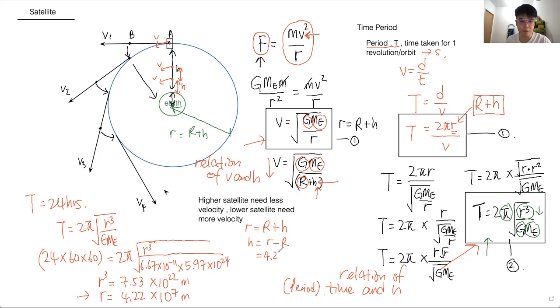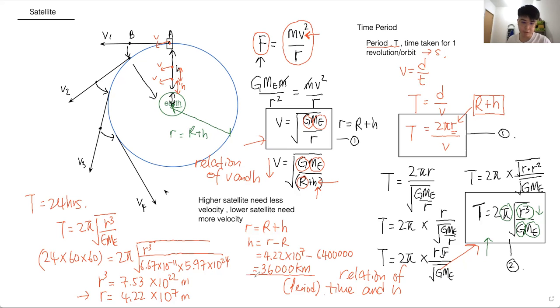So 4.22 times 10 power of 7 minus the Earth radius, which is 6400. This is in kilometer. So change it to meter, it is 3 more zeros. 你拿到什么？你拿到 approximately 36,000 kilometer.